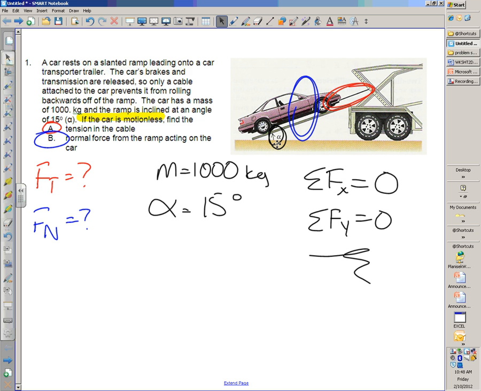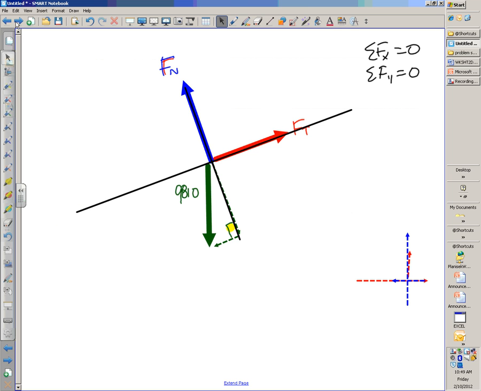The angle at which the ramp is inclined off the ground is always, always, always exactly the same angle as that angle right there, the pink dot on the screen. That pink dot angle is equal to the angle at which the ramp is inclined off of the ground. So in the case of this problem, because the ramp was inclined 15 degrees, that makes this angle alpha 15 degrees as well.